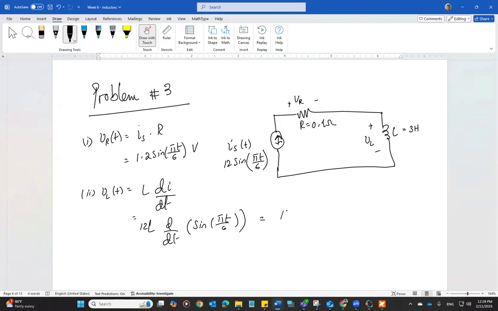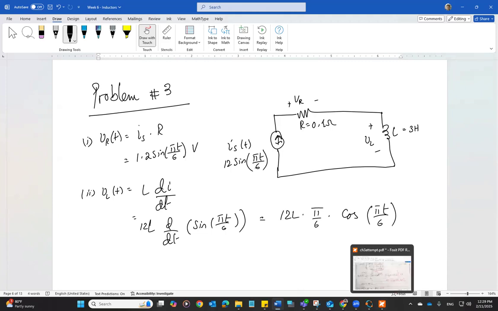So that's going to give you 12 L cosine of pi t over 6 times pi by 6. And well, the L value is 3, so you can easily write this down as 12 times 3 over 6, so 6 pi cosine pi t over 6 volt.